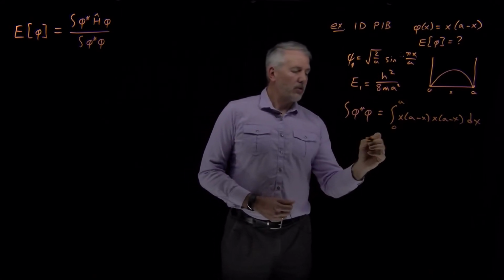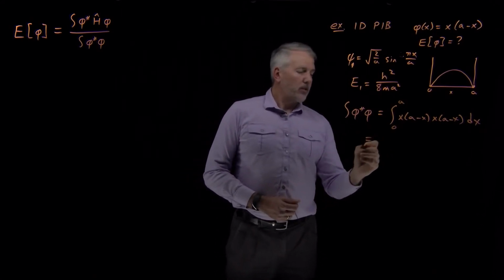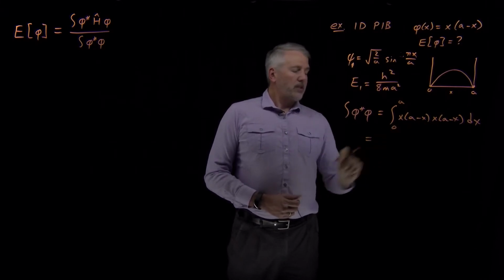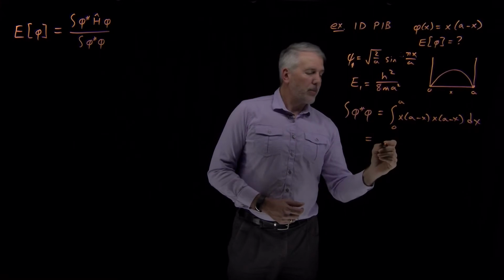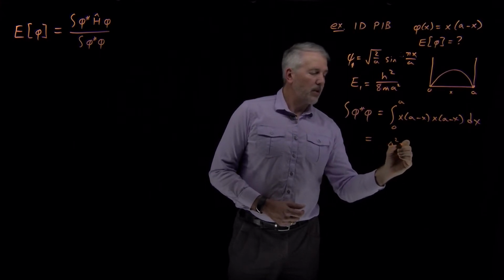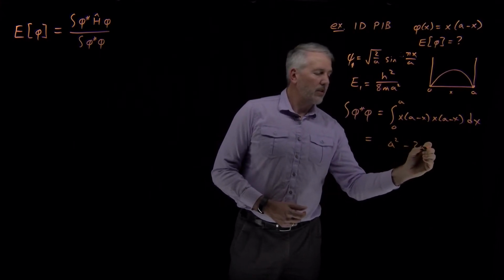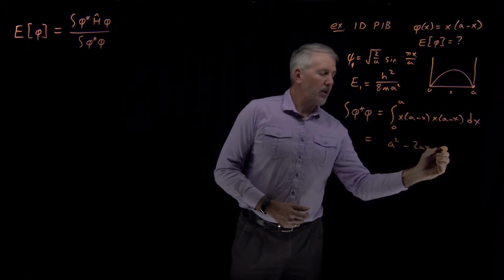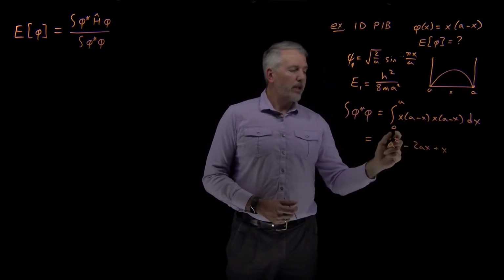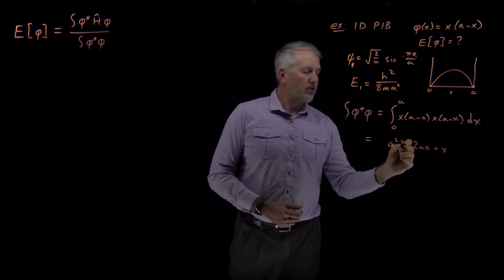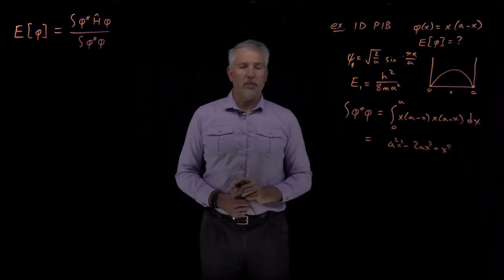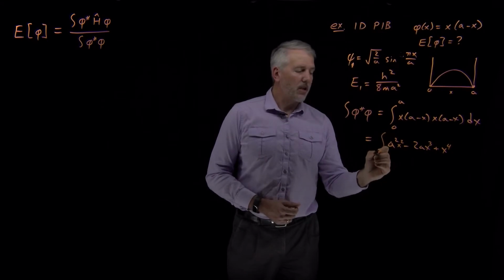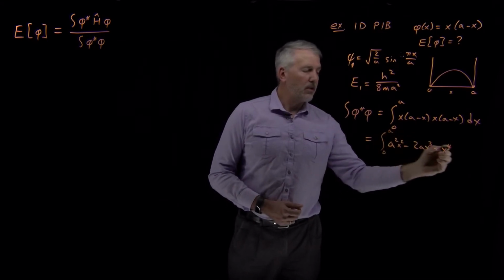So that integral, if we work it out, x times x is x squared. The a minus x times a minus x is going to look like a squared minus 2ax plus x squared. If I then multiply by the x squared, I'm going to have an extra x squared. x is going to become x cubed, and the x squared is going to become x to the fourth. That's the thing that I want to integrate from 0 to a.